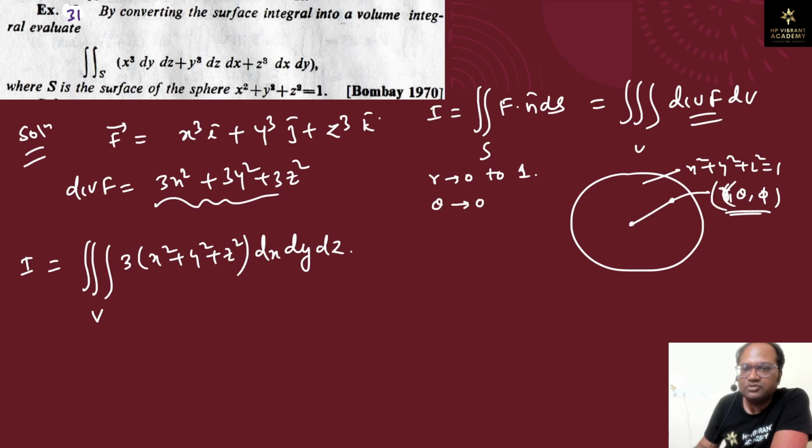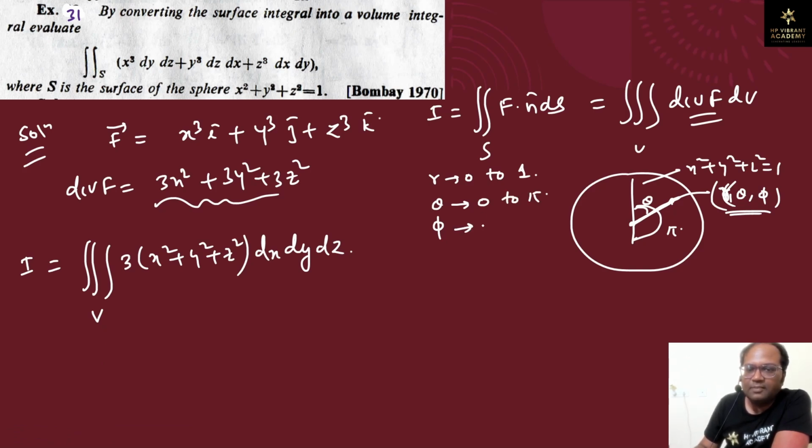Theta varies from 0 to pi, because we have taken theta like this. And phi is lying in the xy plane. This we have discussed in polar coordinates.